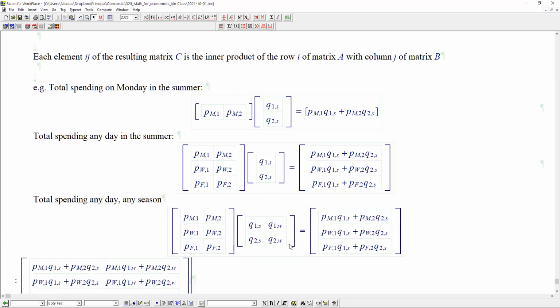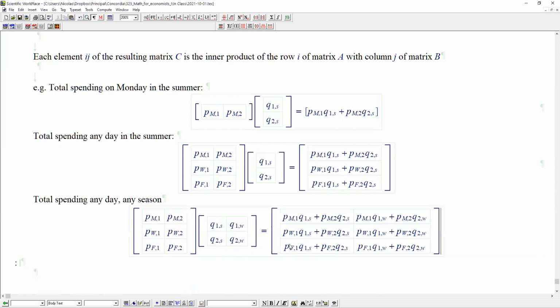And I get this matrix there. So this is how you do matrix multiplication. Here I have a 3x2 matrix multiplied by a 2x2, so I get a 3x2 result.